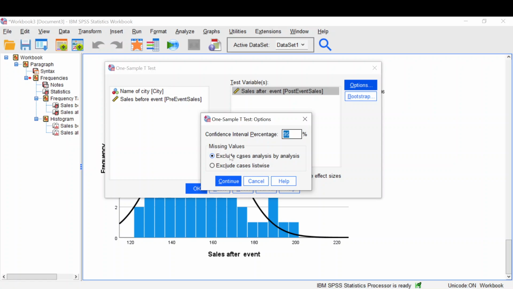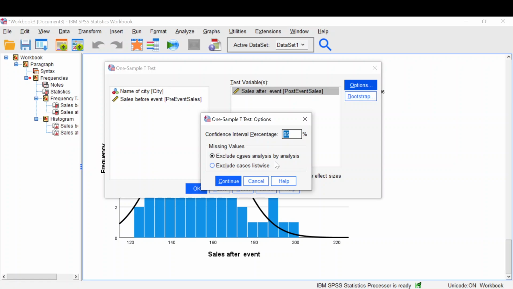And the reason being is that when you exclude cases listwise, you are telling SPSS that if a data point is missing for that respondent or that observation, the entire observation itself or that case itself is excluded from the analysis, which can be problematic.